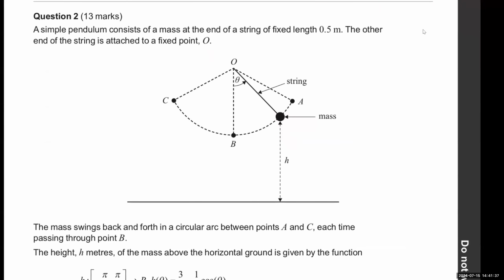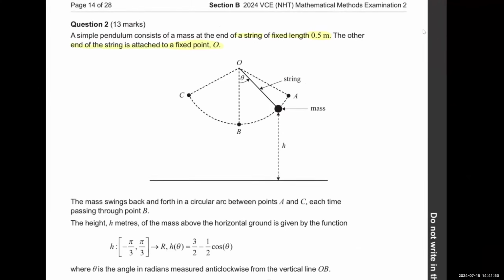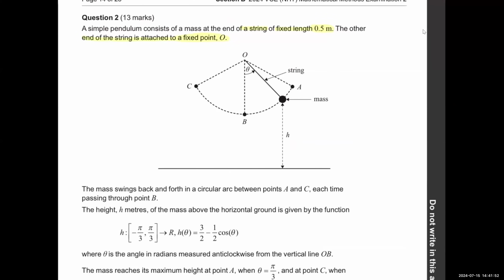A simple pendulum consists of a mass at the end of a string of fixed length 0.5 meters. The other end of the string is attached to a fixed point O. So while you are swinging the pendulum, it will go along a part of a circle, part of a circumference, an arc.